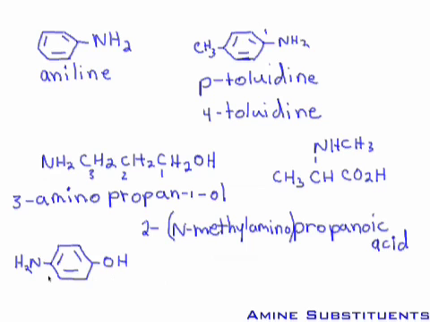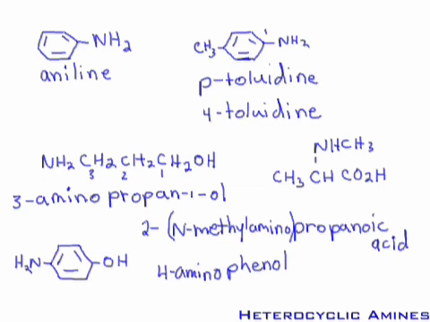Since OH is higher priority, it is better to call this molecule a phenol, and bring the NH2 out front. It's attached to carbon 4 as 4-amino phenol. 4-amino phenol. Okay? Not 4-hydroxyaniline.